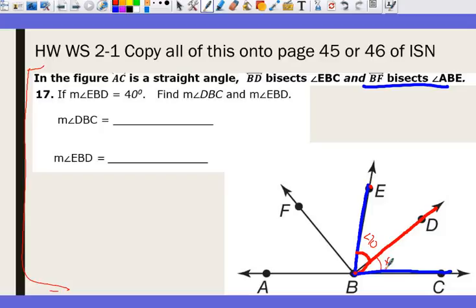One of the smaller halves I got was 40 degrees. How big does the other half have to be? 40, because they both have to be the same. When you cut something in half, it's equal on both sides, right? So this is 40 degrees.